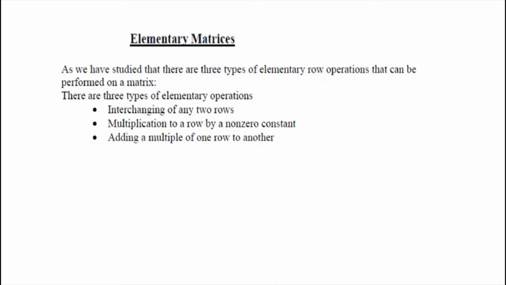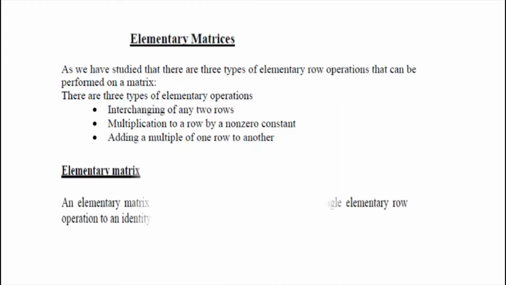These are the row operations. An elementary matrix is a matrix that results from applying a single elementary row operation to an identity matrix. That is, if we have an identity matrix and we apply any one of the row operations, the new matrix will be called an elementary matrix.